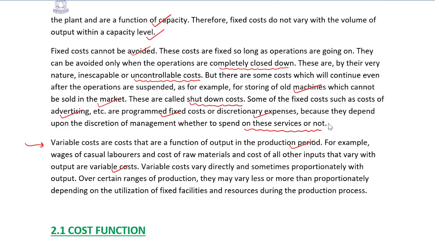So variable cost vary directly, sometimes proportionally with the output over a certain range of production; they may vary less or more than proportionately depending upon the utilization of fixed facilities of resources during the production process. So this was about fixed cost and variable cost.